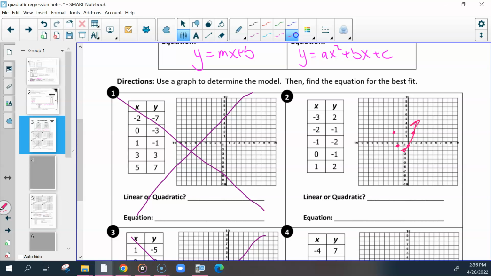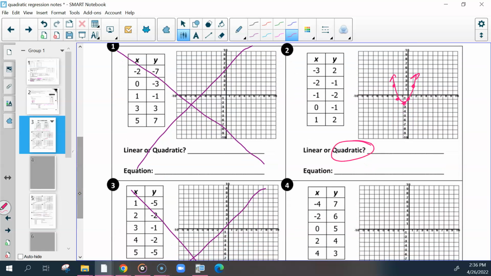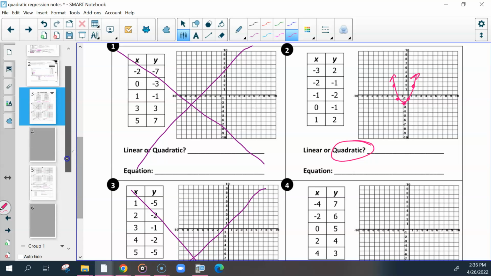And when you plot the points, they make that U-shaped parabola that we need for our quadratic. That tells us it's going to be a quadratic. Then we can find our equation. So I'll do this one in the calculator, the next one in Desmos, and then switch to a word problem.